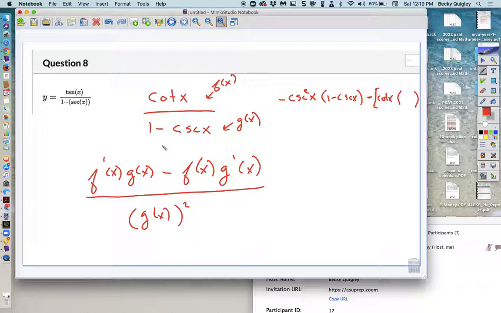The derivative of cosecant x is negative cosecant x cotangent x. But we have a negative sign here, so that's going to be positive cosecant x cotangent x. I really wish I had left a little bit more space there. So cosecant x cotangent x. And then I'll write it a little neater in a second. And then divided by that squared.